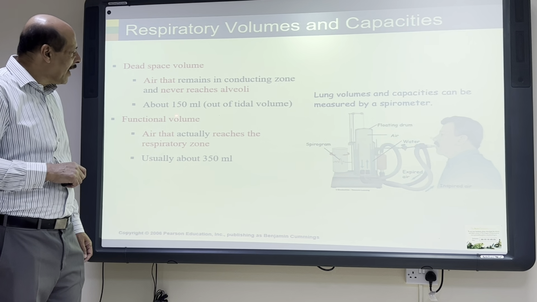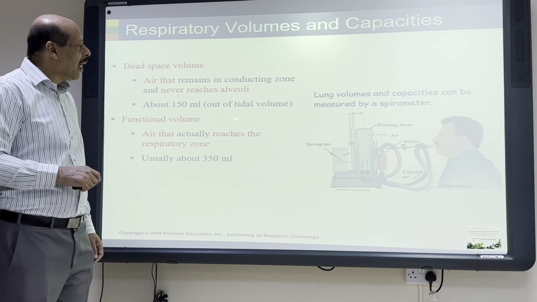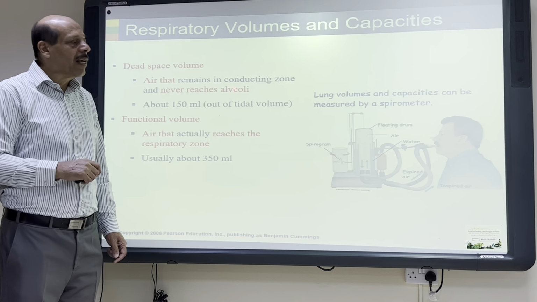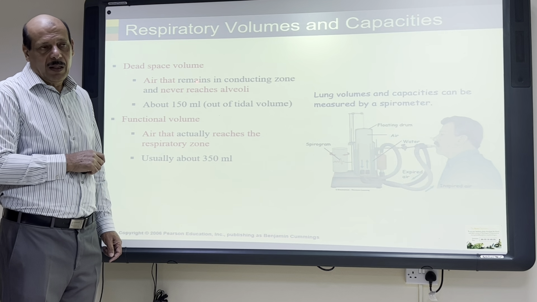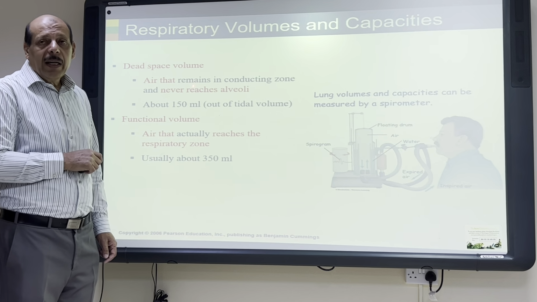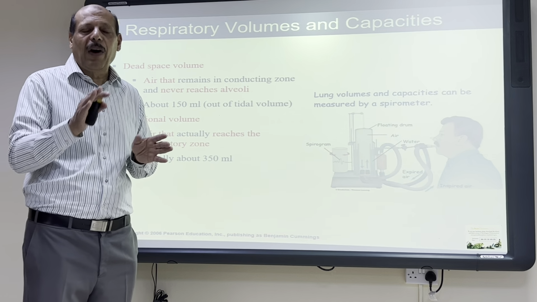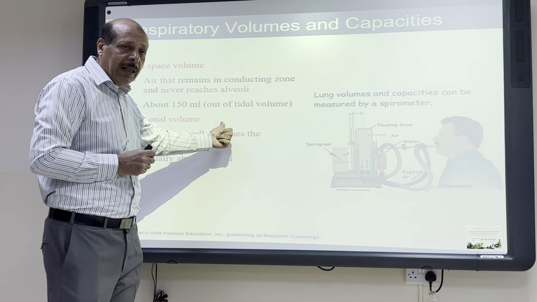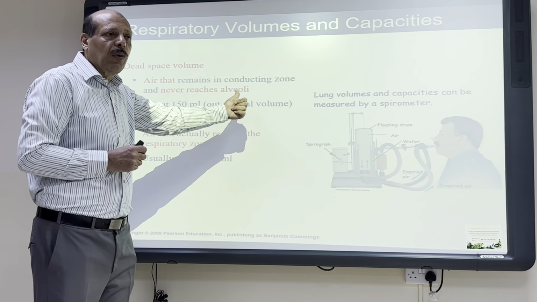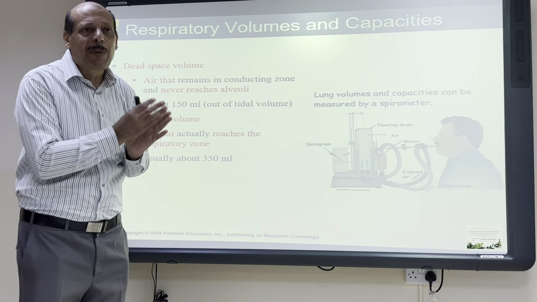So about 100 ml, 150 ml, out of the tidal volume is called the dead space. So in each inspiration we are taking, normally we are taking around 500 ml. From those 500 ml, 150 ml are in the dead space.